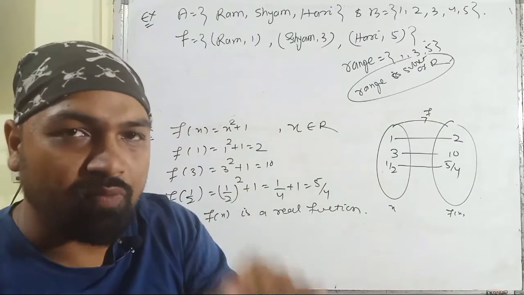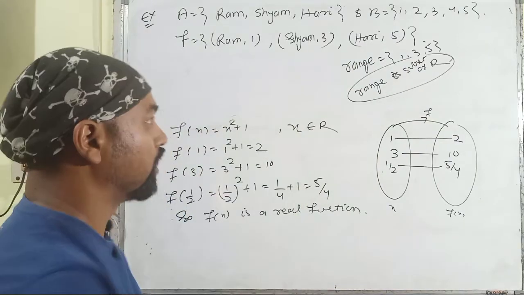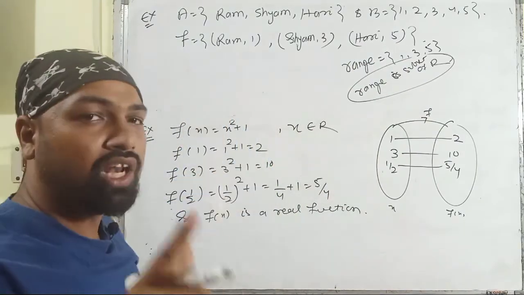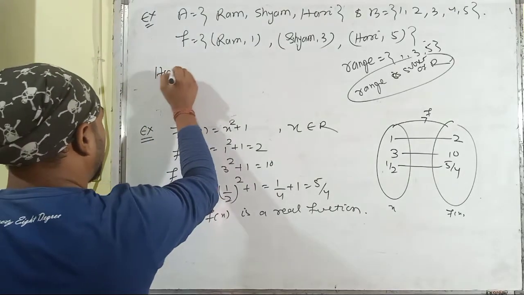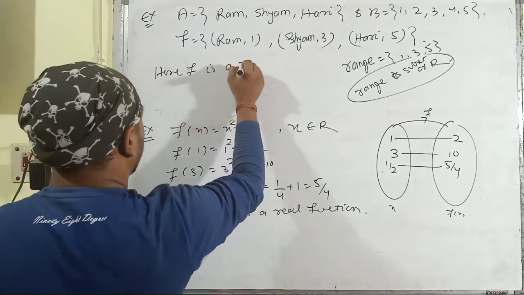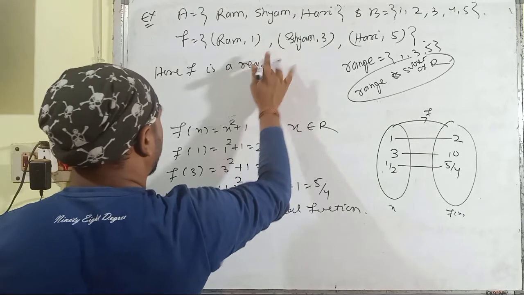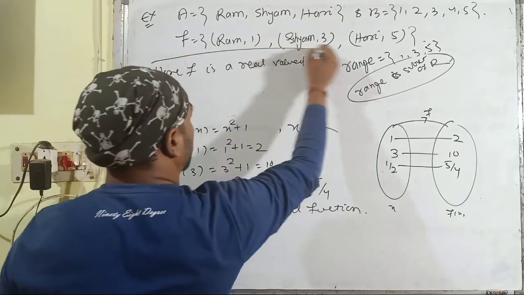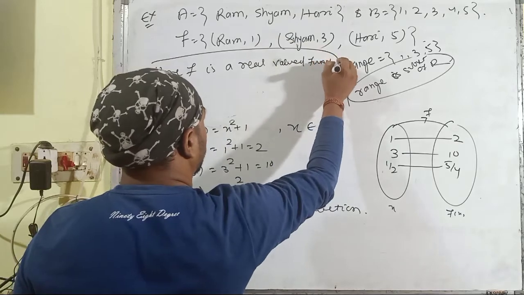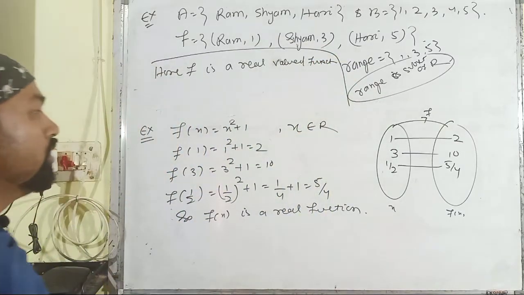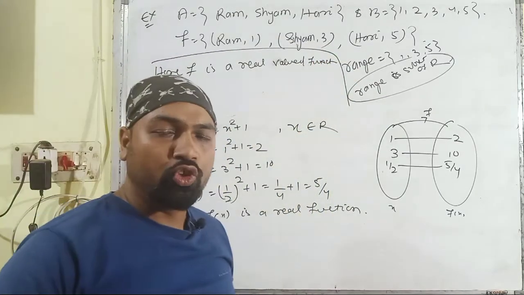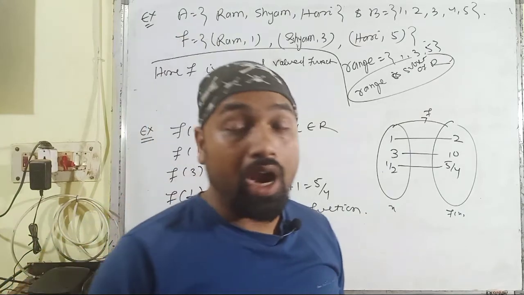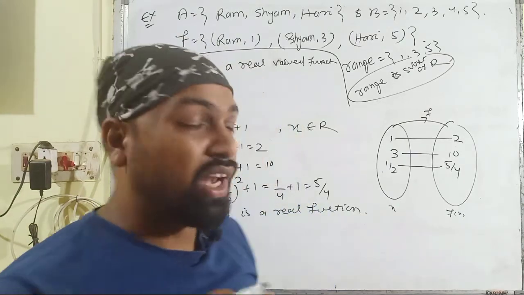So here f is a real valued function. It cannot be a real function. So it is all about the examples based upon real function as well as real valued function.